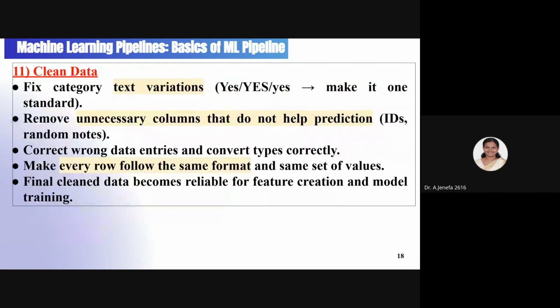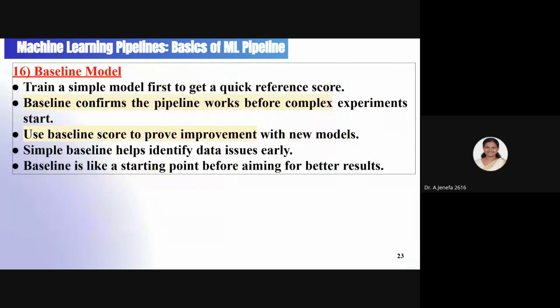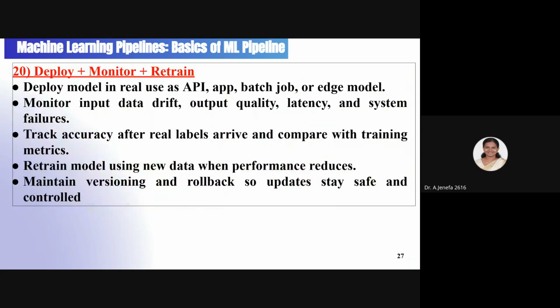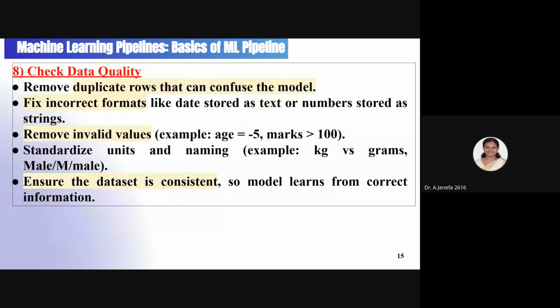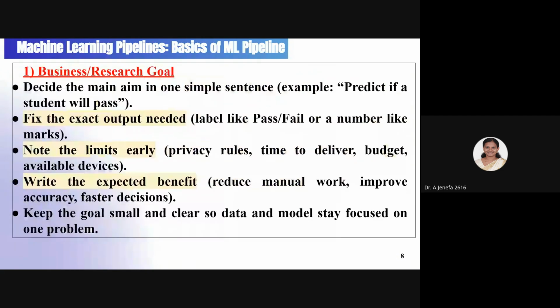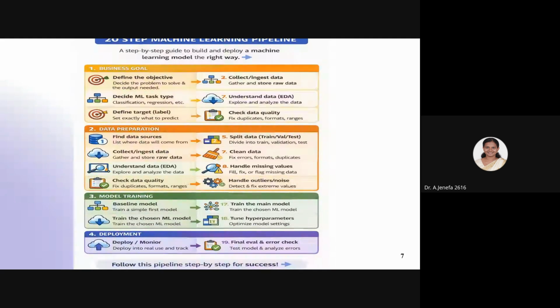I have given 20 steps, which I have explained now with the diagram. These are all the steps we follow to deploy the application in real-time usage. These are the steps of the machine learning pipeline. The main four stages are business goal, data preparation, model training, and deployment.